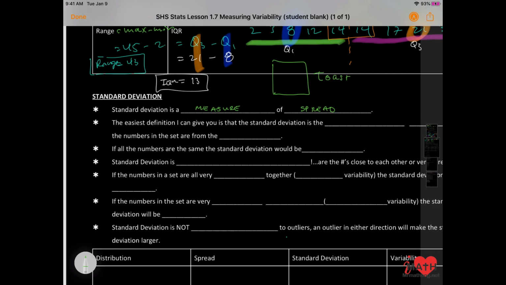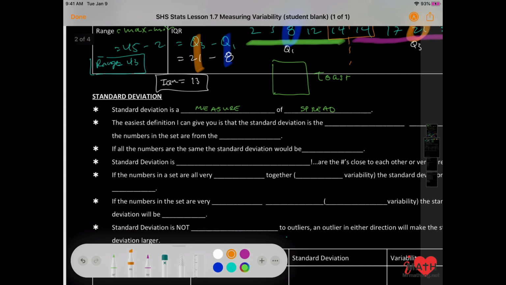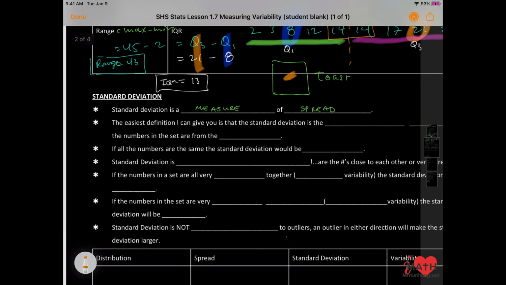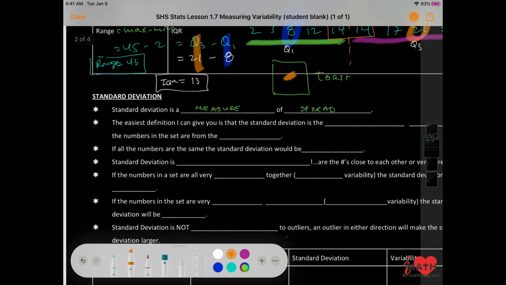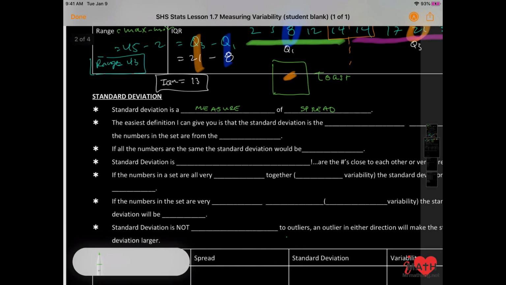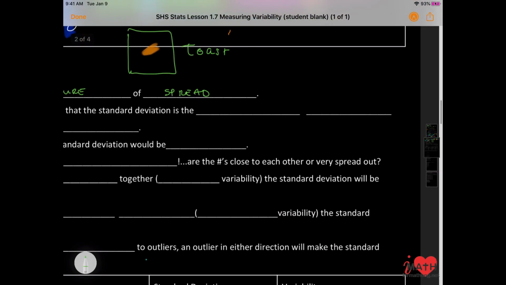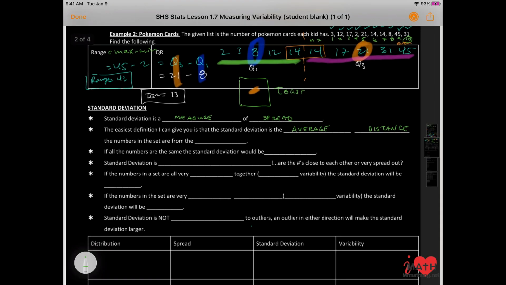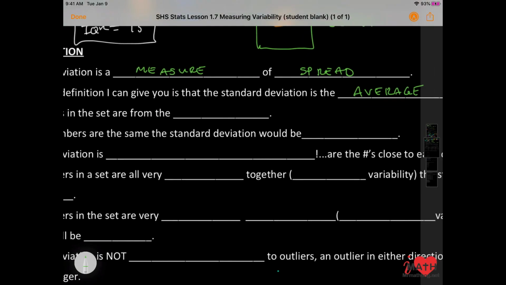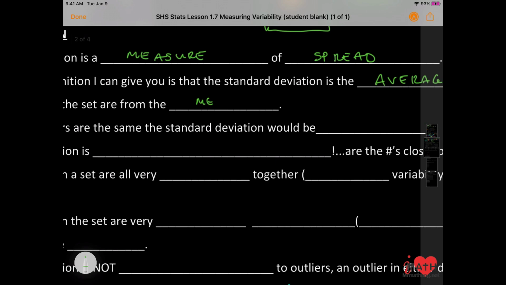And let's just say you just plop on some orange jam right there. Orange marmalade, okay? The easiest definition I can give you is that standard deviation is the average distance the numbers in the set are from the mean, the average.